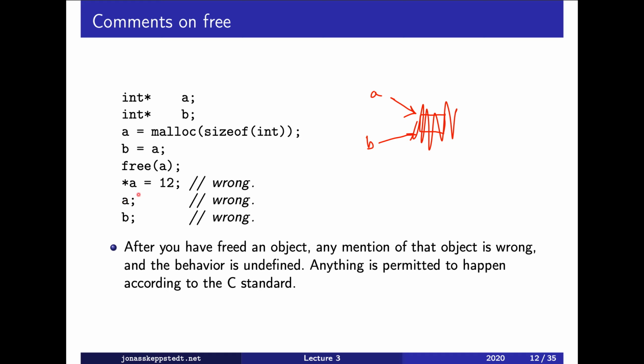And it's very wrong because anything can happen. The computer may explode. That's very unlikely, but it's permitted by the ISO standard, unless prohibited by national law, perhaps. Anyway, the program can crash.